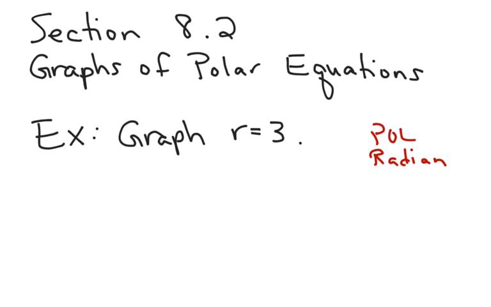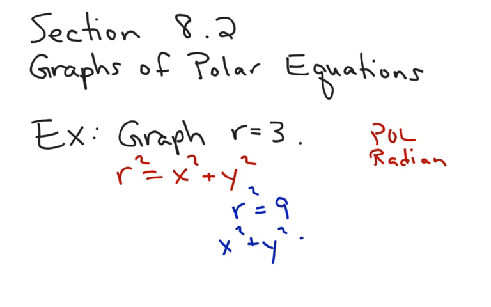Now, the graph of r equals 3 is a circle. The reason that it's a circle is because if you remember that r squared is equal to x squared plus y squared, and you change this polar equation back into rectangular coordinates, you would first square both sides, and then r squared is x squared plus y squared.